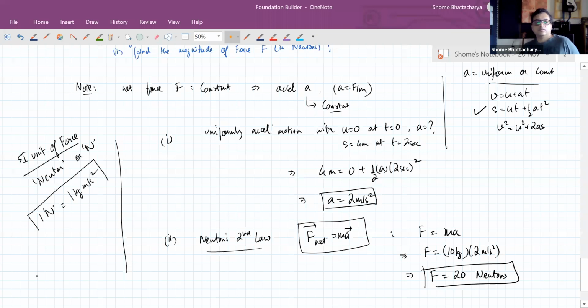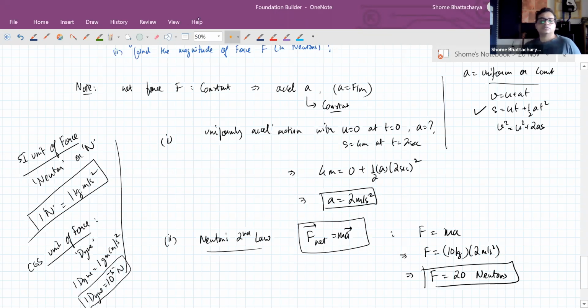Whereas the CGS unit of force is dyne, where 1 dyne equals 1 gram centimeter per second square, or 1 dyne equals 10 to the power minus 5 newtons. This is also something you should know.